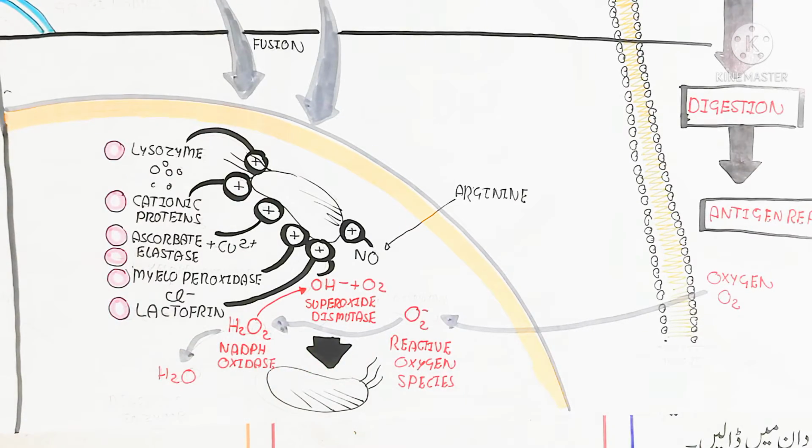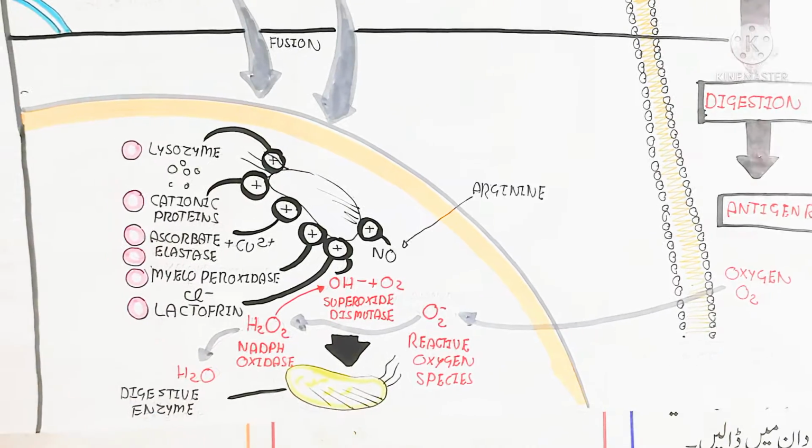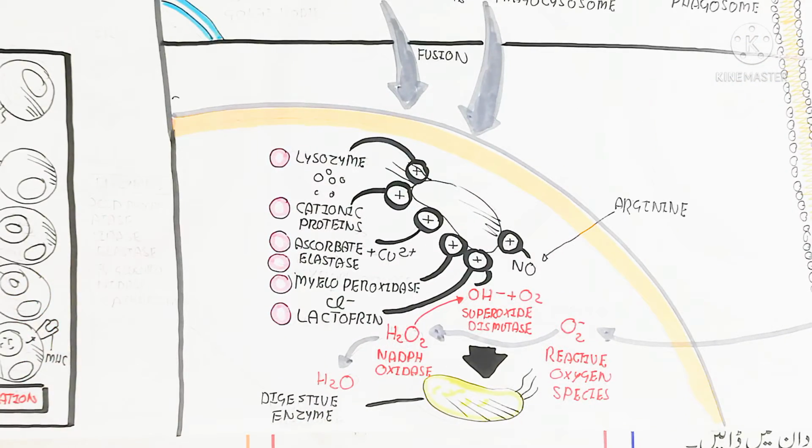This hydroxyl free radical is used for damaging the wall of the pathogen, the antigen. So the digestive enzyme will produce this: the inactive antigen formation.